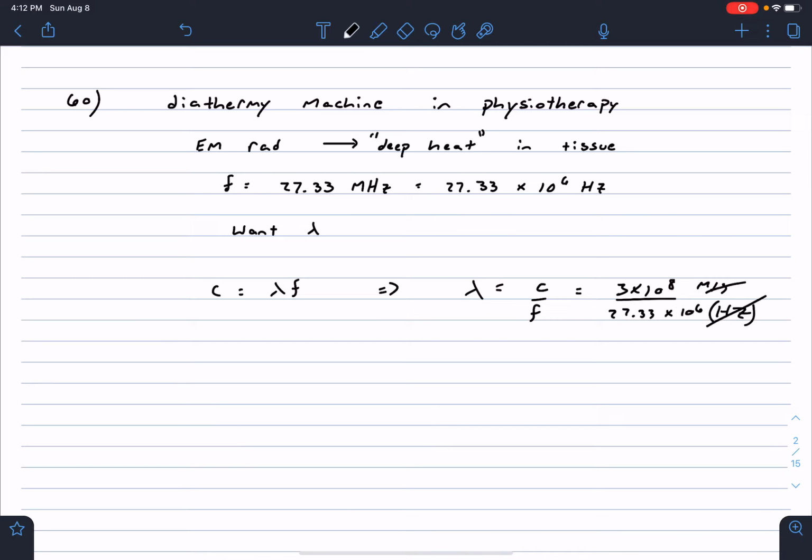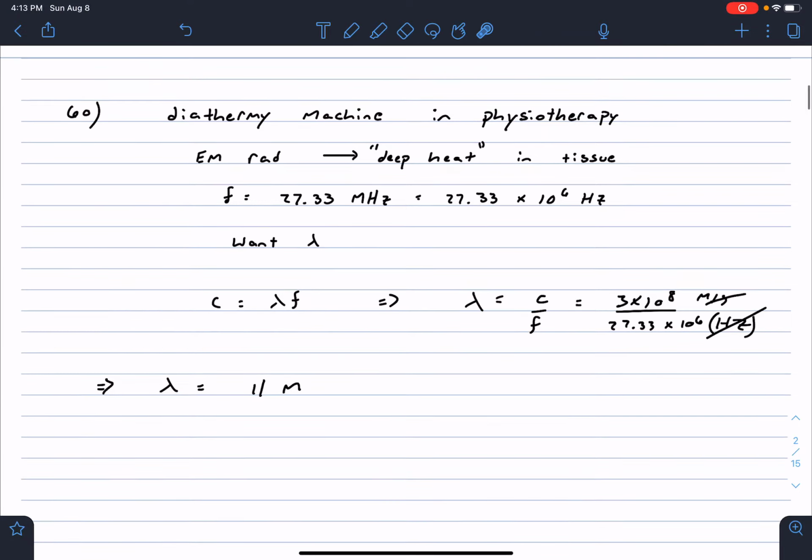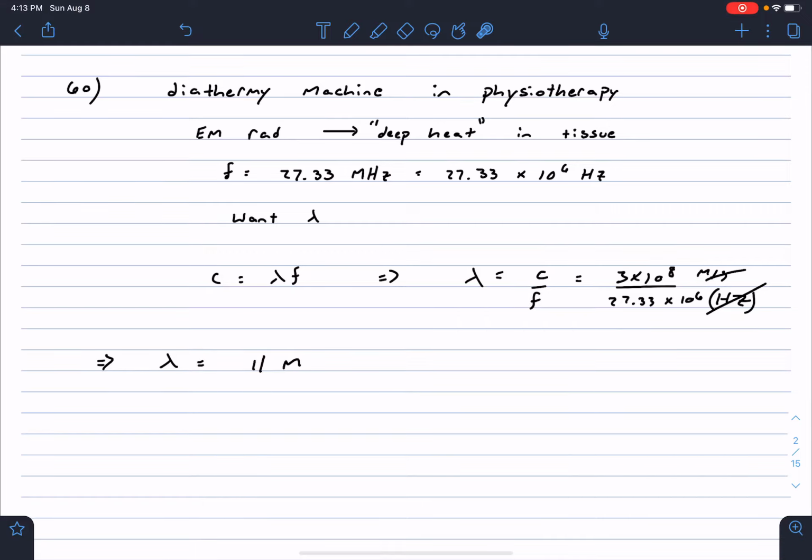So that cancels, and then we're left with, I'm going to move over here because I've run out of room. So, lambda equals 11 meters. That's the wavelength for the diathermy machine in physiotherapy. Another straightforward problem, we just plug it into the formula and solve for the wavelength.